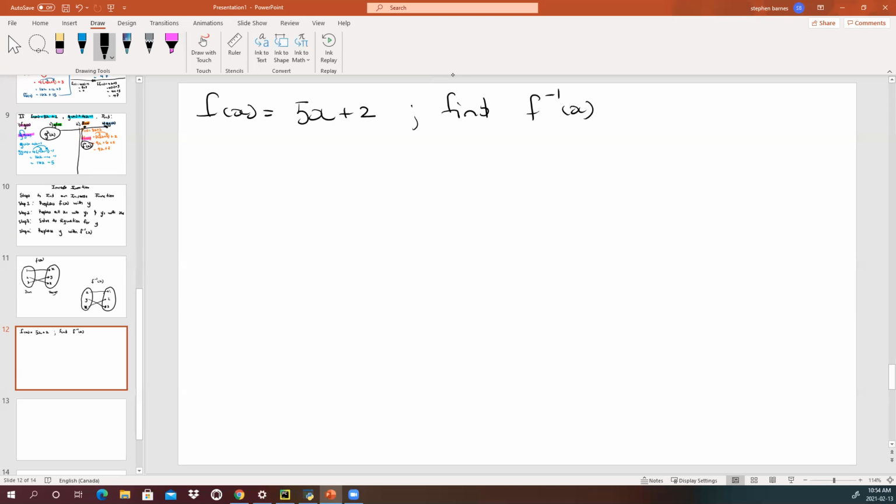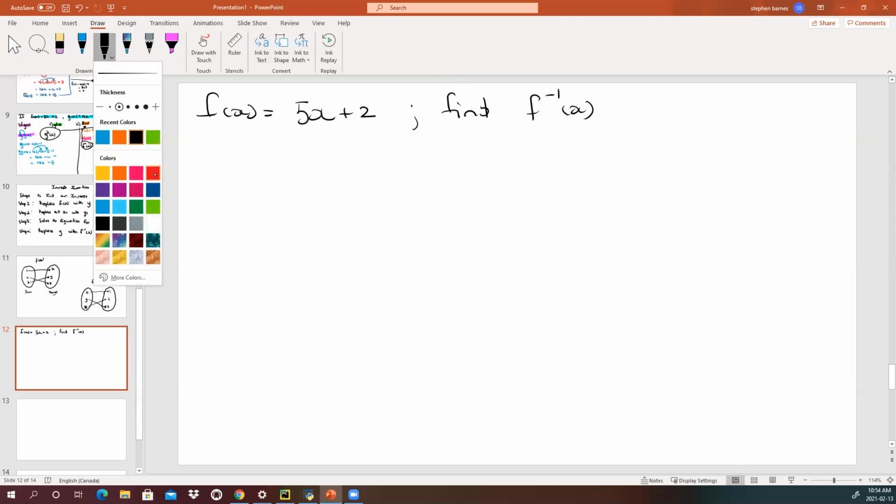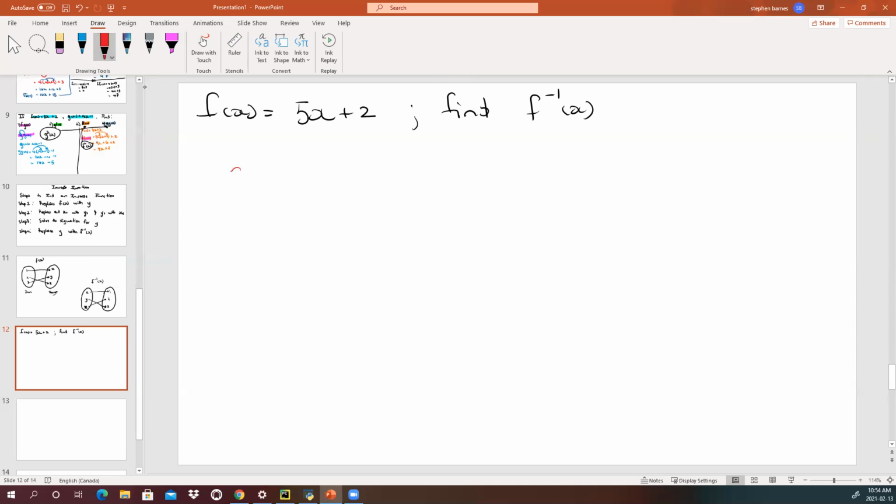Going by our steps, let me just write out the function first. f of x is equal to 5x plus 2. The first step says to replace f of x with y. So instead of having f of x here, we put y equals 5x plus 2.